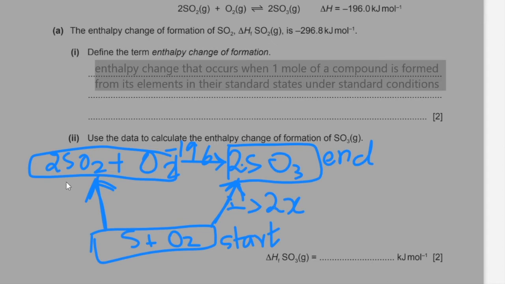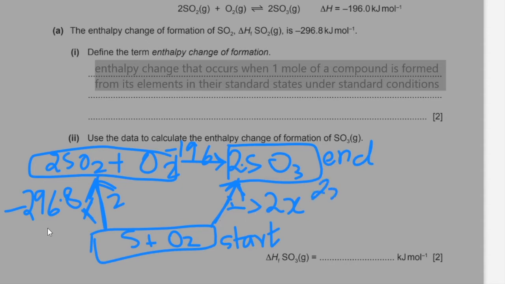Similarly, we are given the formation of sulfur dioxide, which is negative 296.8. I'll multiply that by 2 since we have 2 moles of sulfur dioxide forming over here. Now we have drawn the Hess cycle and we're supposed to form the equation and then find the value of x.